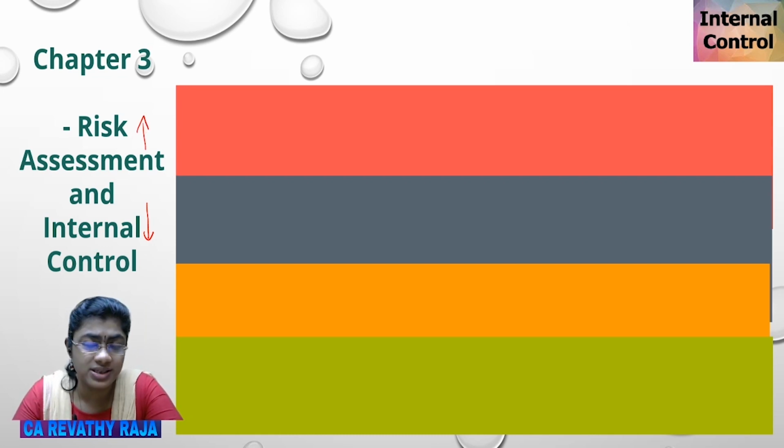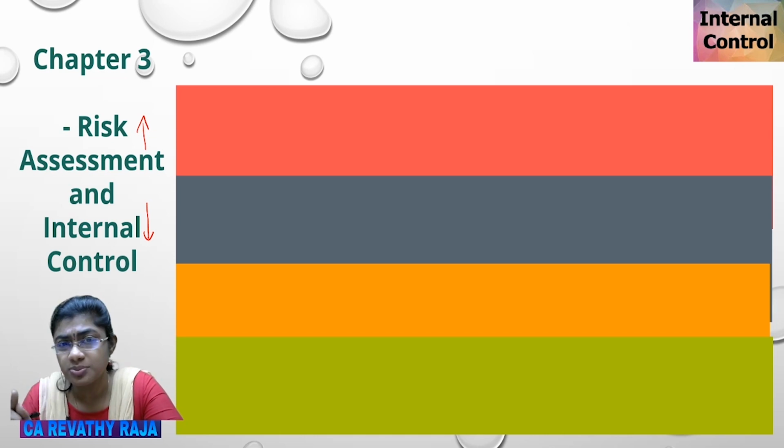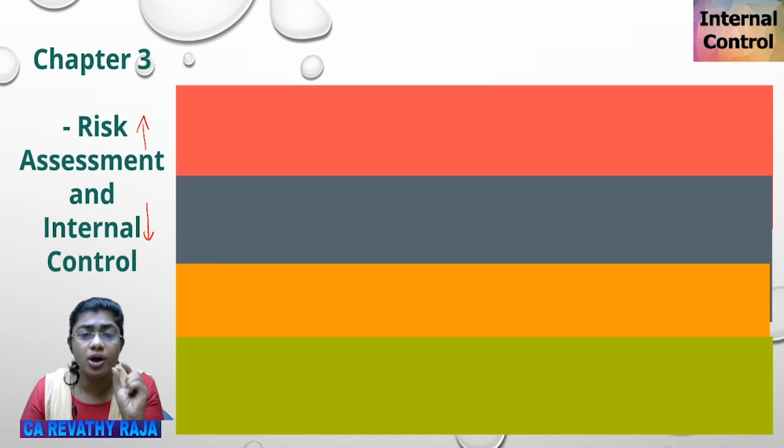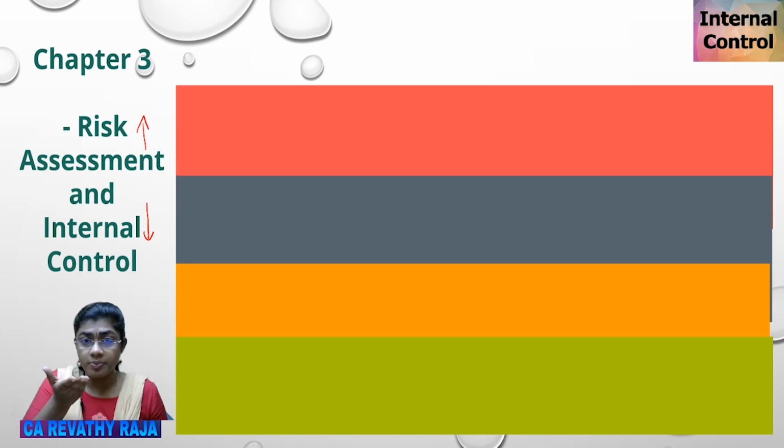Students, I will be saying risk of material misstatement, in short, ROMM. So, wherever the internal controls are weak, there ROMM will be more.